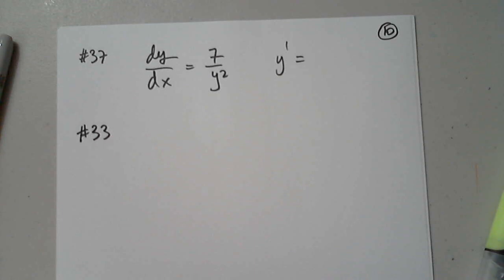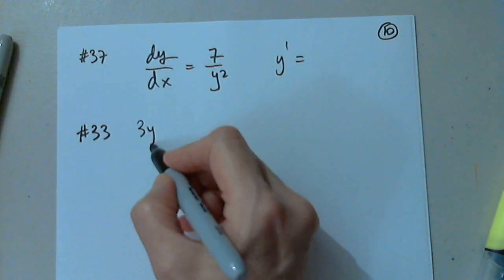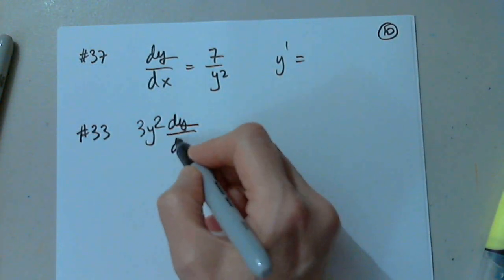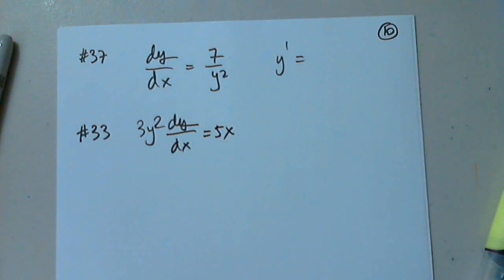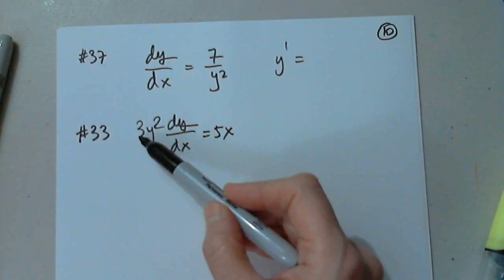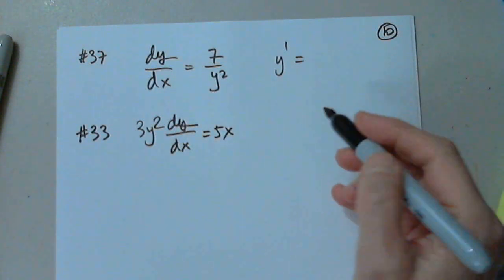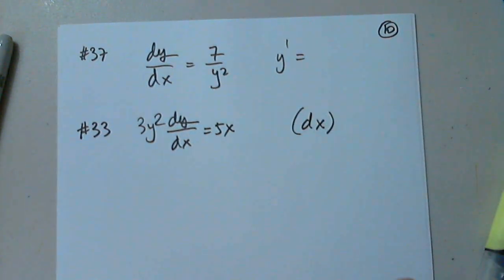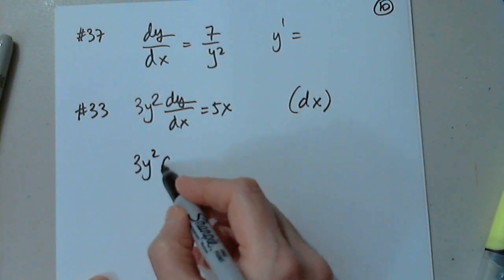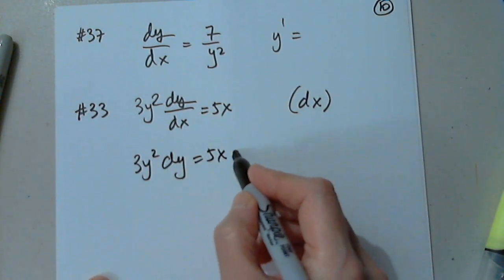So in 33, we have 3y squared dy over dx equals 5x. So remember, we are trying to separate the variables here. We are looking to find y, but we have to separate the variables. 3 is okay, y is okay, dy is okay, dx is not okay, so I will multiply both sides by dx. So 3y squared dy equals 5x dx.